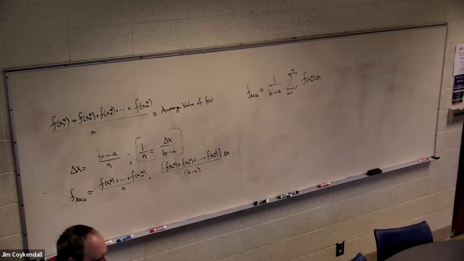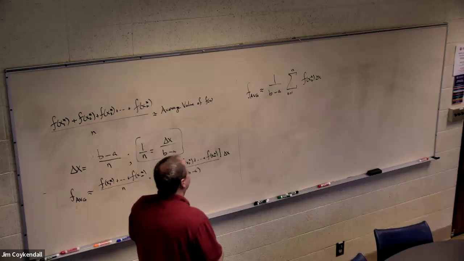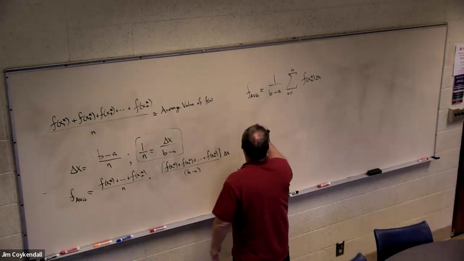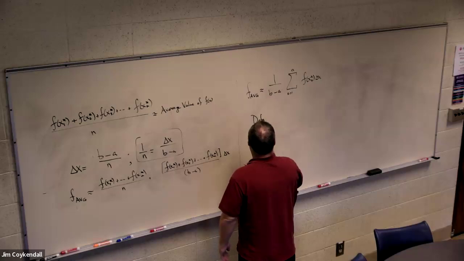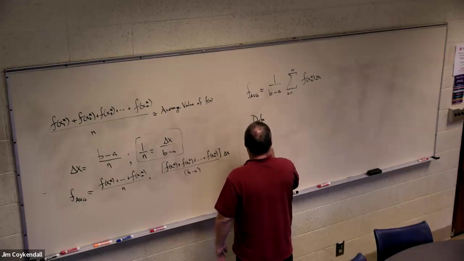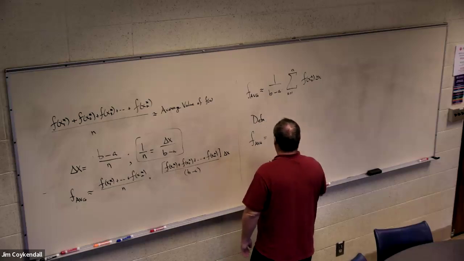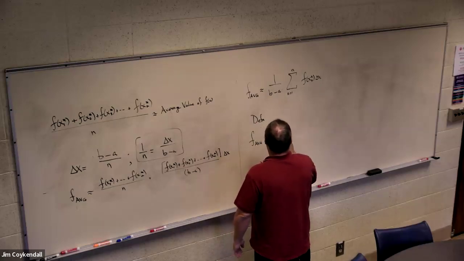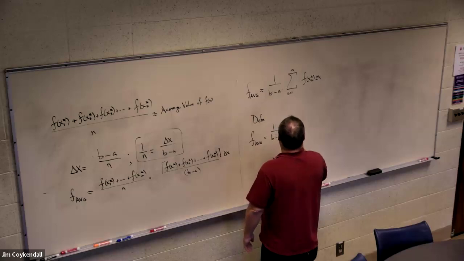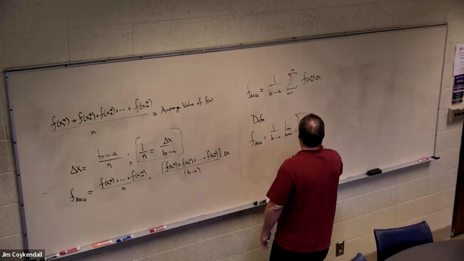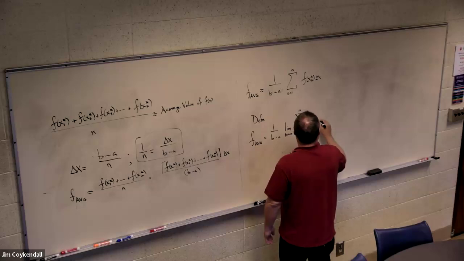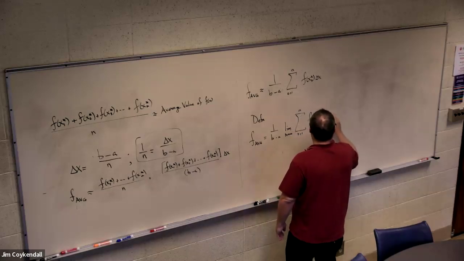Now, if I make n bigger and bigger and bigger, this should be closer and closer to what the average value of the function should be. So f average equals 1 over b minus a times the limit as n goes to infinity of the sum of f of x star times delta x.